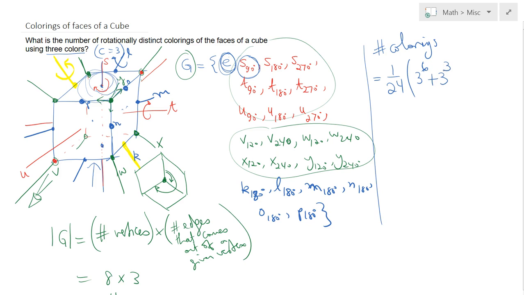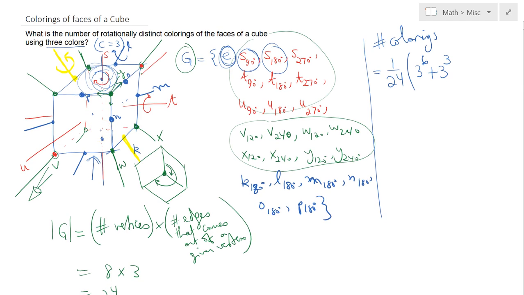But then how about S of 180? When we rotate it 180 degrees, the top stays the same, the bottom stays the same, so far we have 2 cycles. Then this face goes directly to the opposite face, and this face goes directly to the opposite face, so in fact we have 4 cycles in that case. 270 is the same as 90, so we have 3 cycles again.